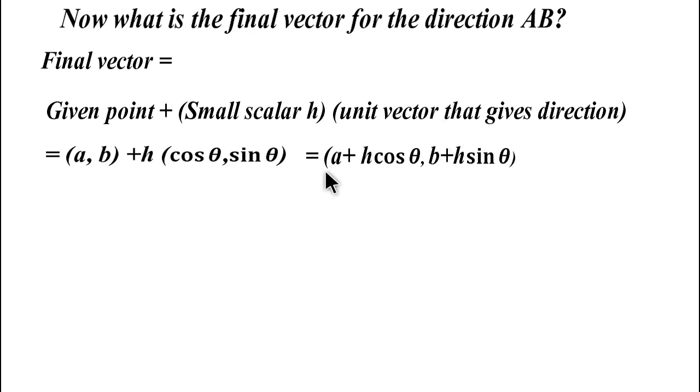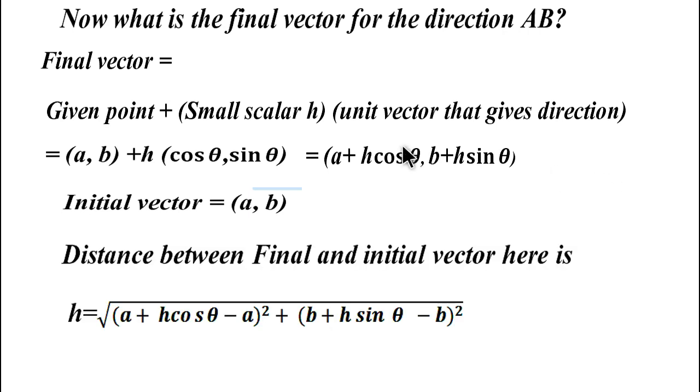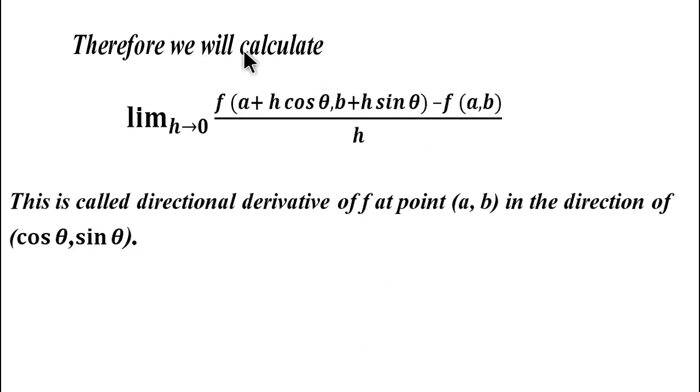So our final vector here is (a + h cos theta, b + h sin theta). The initial vector is again (a, b), and you can easily check that the distance between the initial and final vector is again h. Therefore, we will calculate f of the final vector minus f of the initial vector over the distance between these two vectors, that is h here.